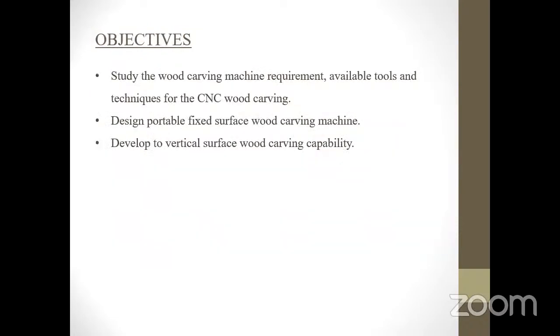Here are the objectives of my work study. First, study the wood carving machine requirements, available tools and techniques for CNC wood carving. Second, design the portable fixed surface wood carving machine. Third, develop vertical surface wood carving capability.